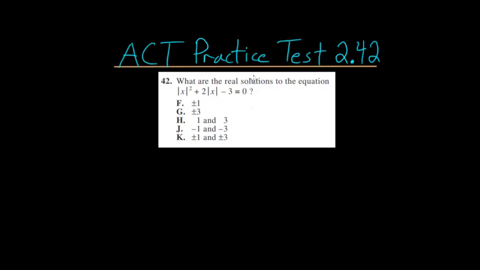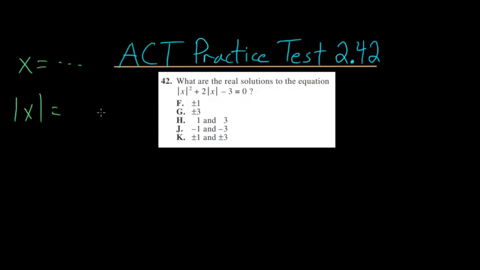One approach is that we could recognize that this is essentially a quadratic equation, since we have something squared. So we could use the quadratic formula. And if you do choose to solve it that way, you just have to recognize that instead of saying that x is equal to something using the quadratic formula here, you would actually say the absolute value of x is equal to the quadratic formula.